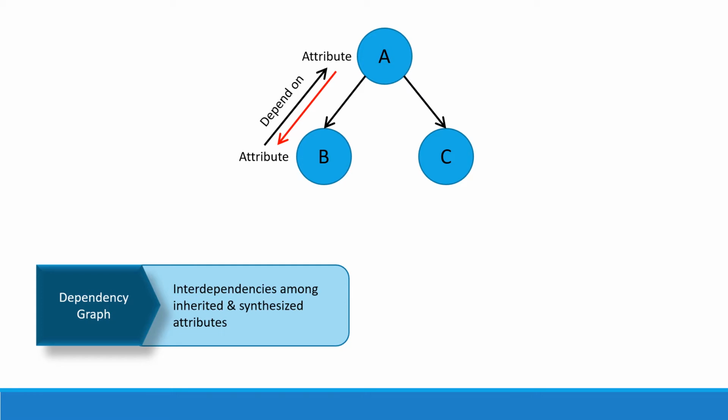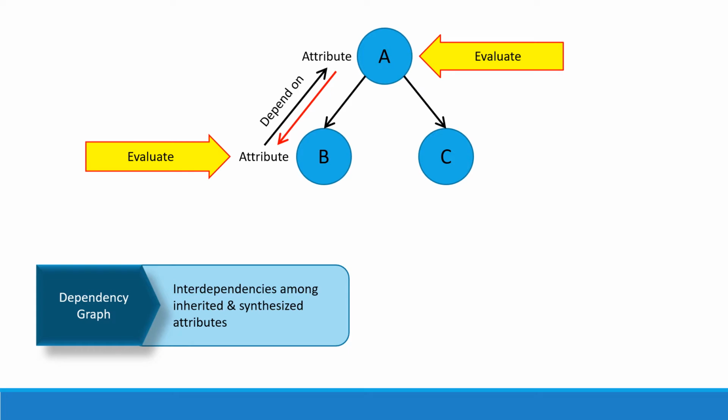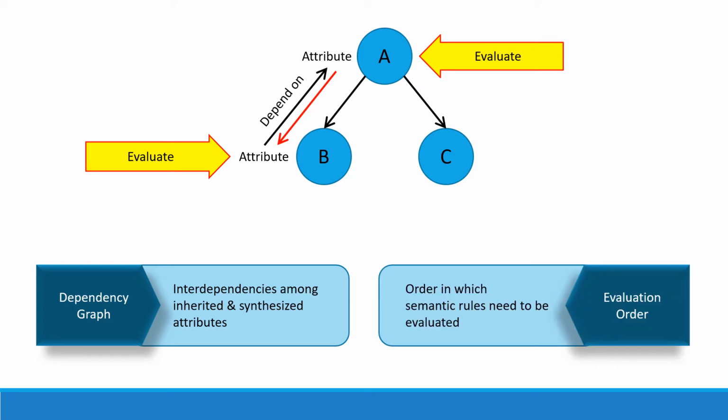As the attribute of B depends on the attribute of A, first we have to evaluate the attribute of A, and after that we have to evaluate the attribute of B. So evaluation order gives us the order in which the semantic rules need to be evaluated.